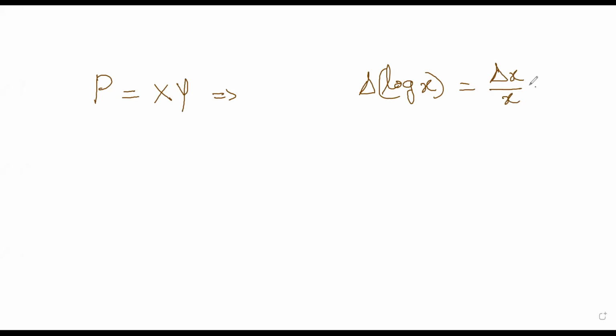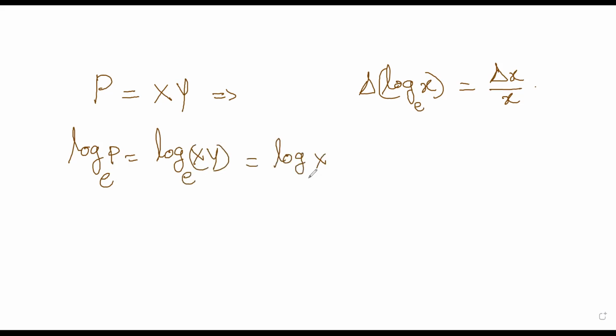Using this formula, we are going to solve this particular problem. Now we take log on both sides. We have log p with respect to the base e, of course, and log p to the base e is equal to log xy, and this can be written as log x to the base e plus log y to the base e.